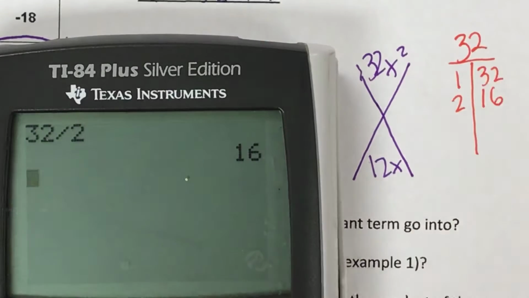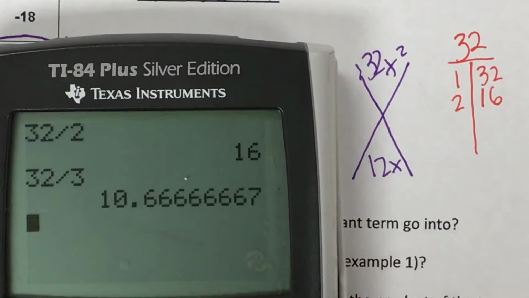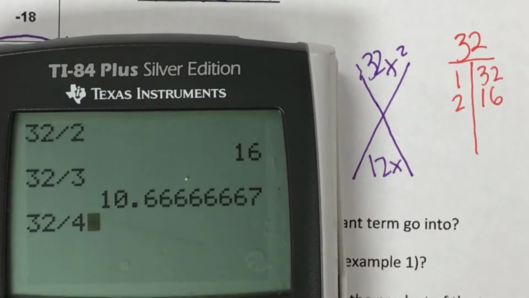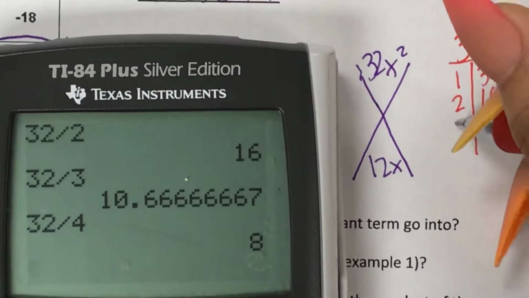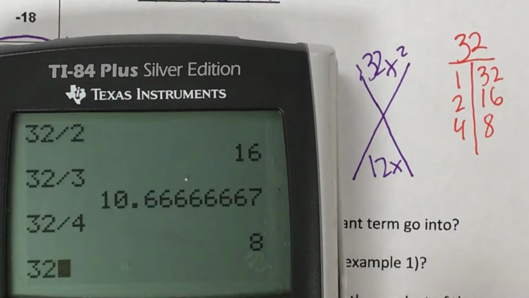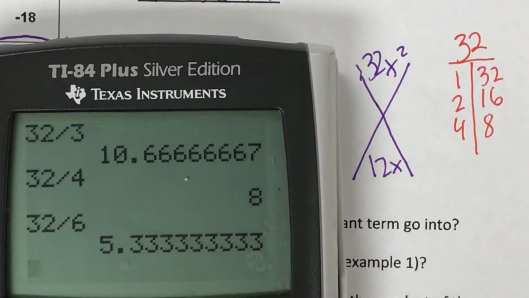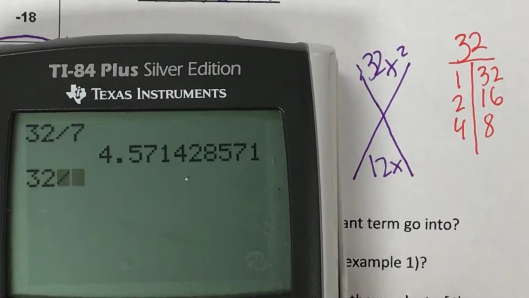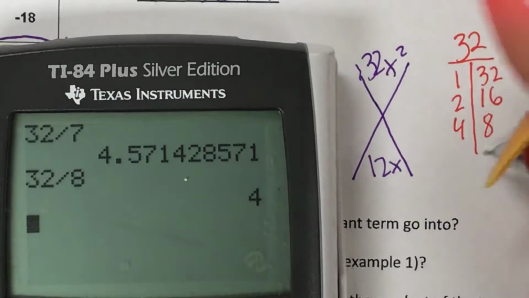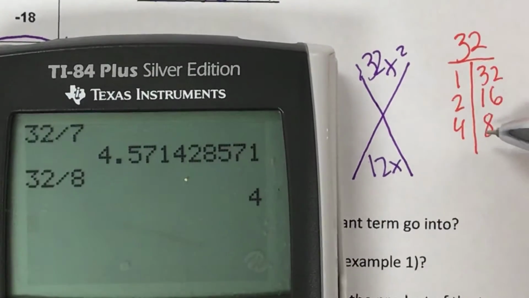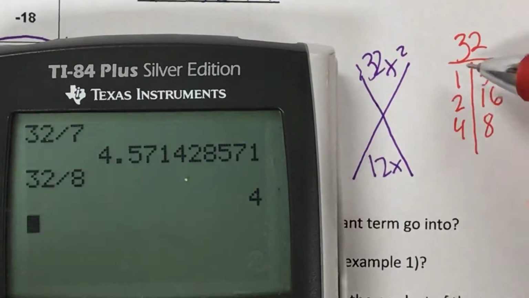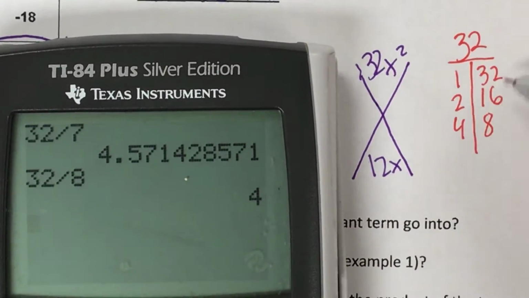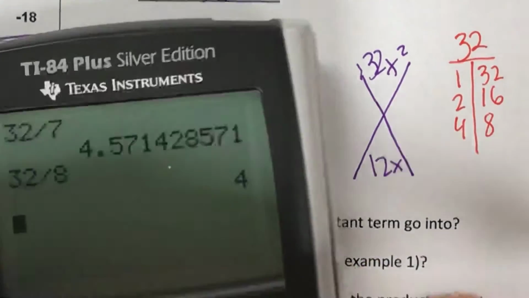So 2 and 16. 32 divided by 3 doesn't work, so 3 is not a factor. 32 divided by 4 is 8. 32 divided by 6 doesn't work. 32 divided by 7 doesn't work. 32 divided by 8 is 4. But I already have 8, don't I? So I don't need to write it again. So these are all the factors. Once they repeat, that means you're done. You found all the factors.